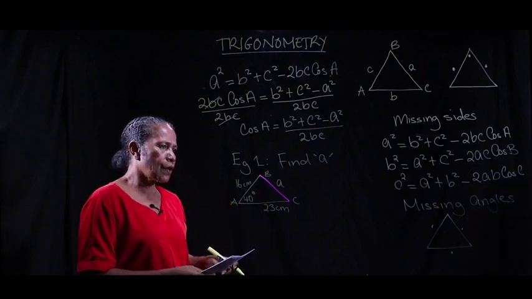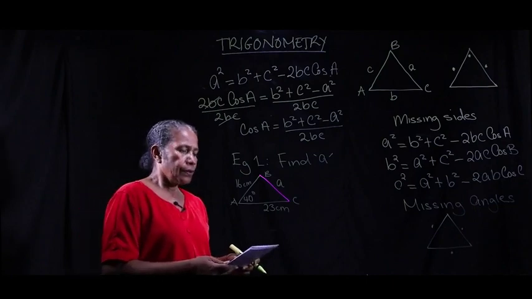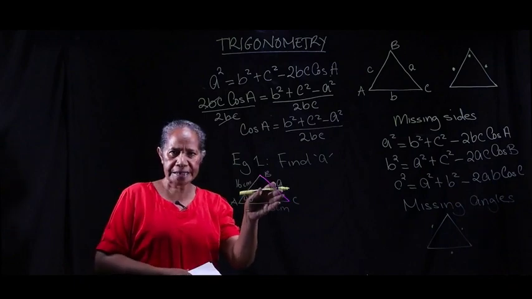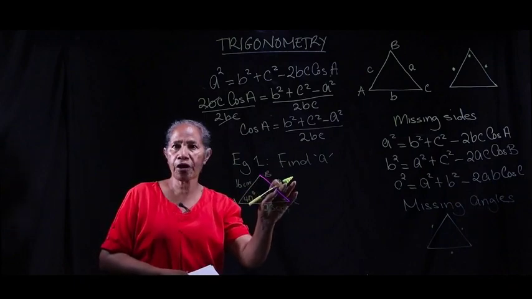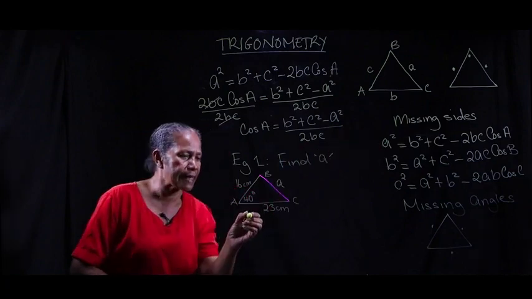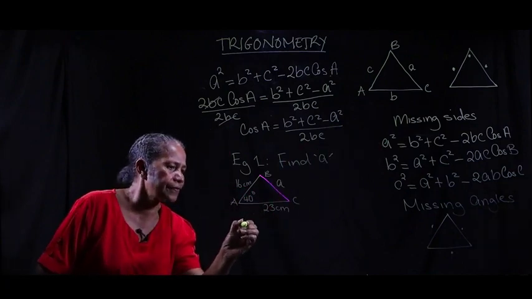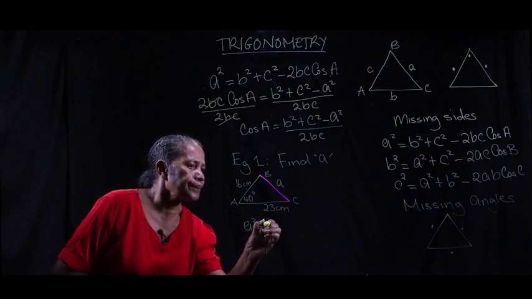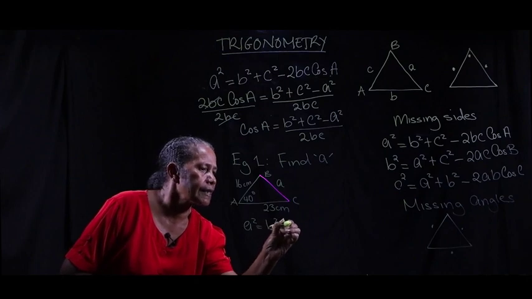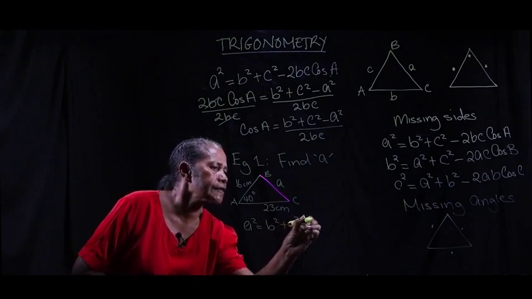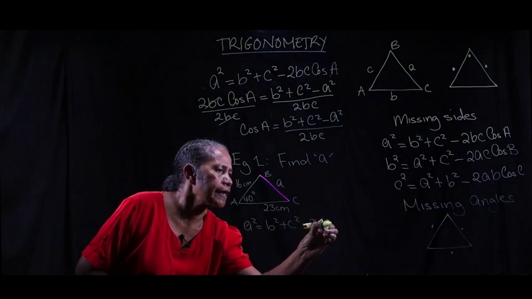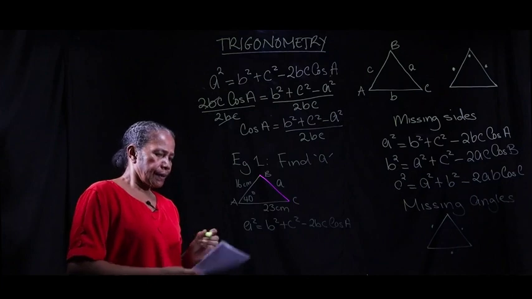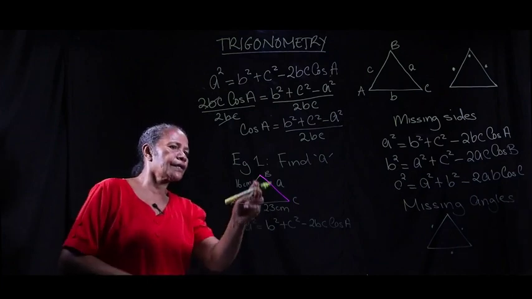Okay, so we are now going to look for which formula we're going to use in order to find the missing side. As you can see, we are looking for A. So we have A squared is equal to B squared plus C squared minus 2BC cos A. Okay, so we have the information given.